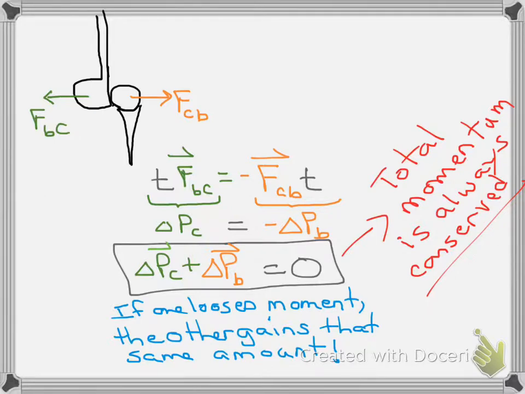If you go back to your first page in your notebook, after work energy came conservation of momentum. Now, while mechanical energy is not always conserved, momentum is, and this is really convenient.